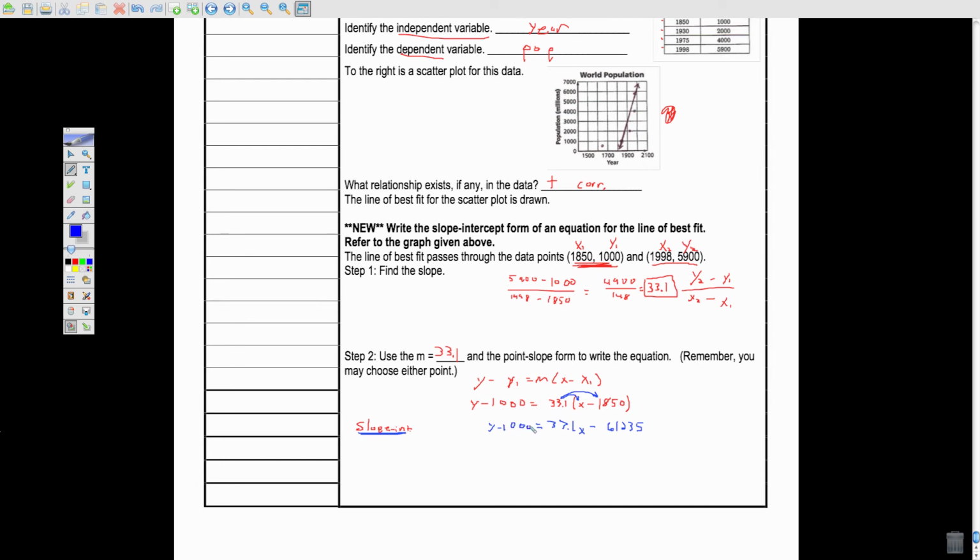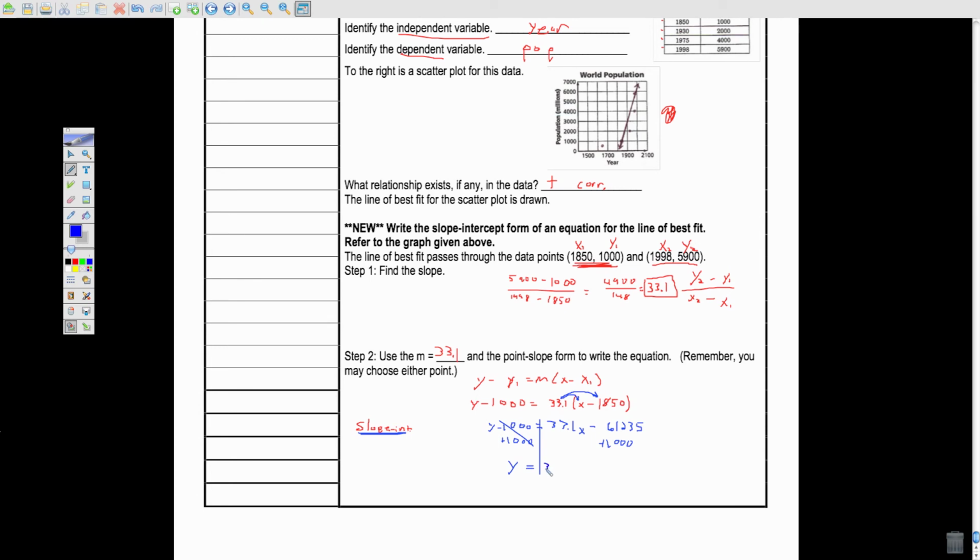Okay, so now we have y minus 1,000. I'm just copying that back down. Equals 33.1x minus 61,235. So now we want to get y by itself. So we're going to add 1,000. Again, if you want to draw your line down the equal side, so we add 1,000. Over here, these cancel.